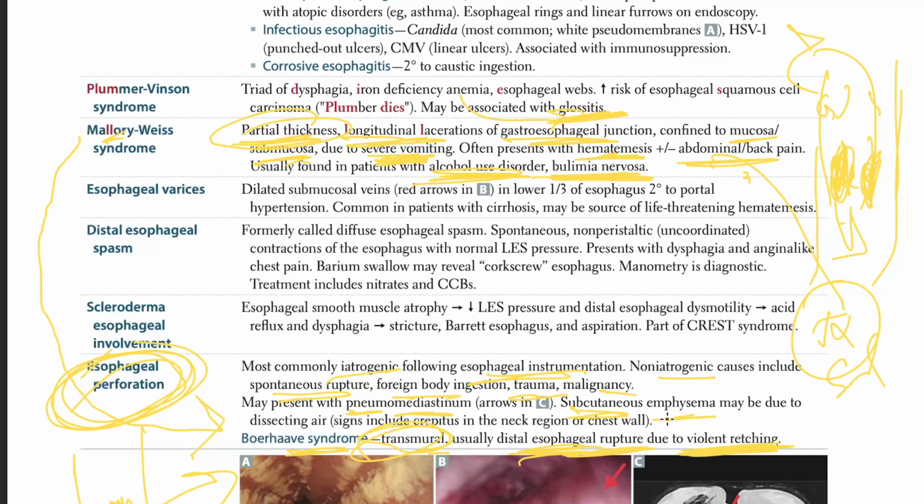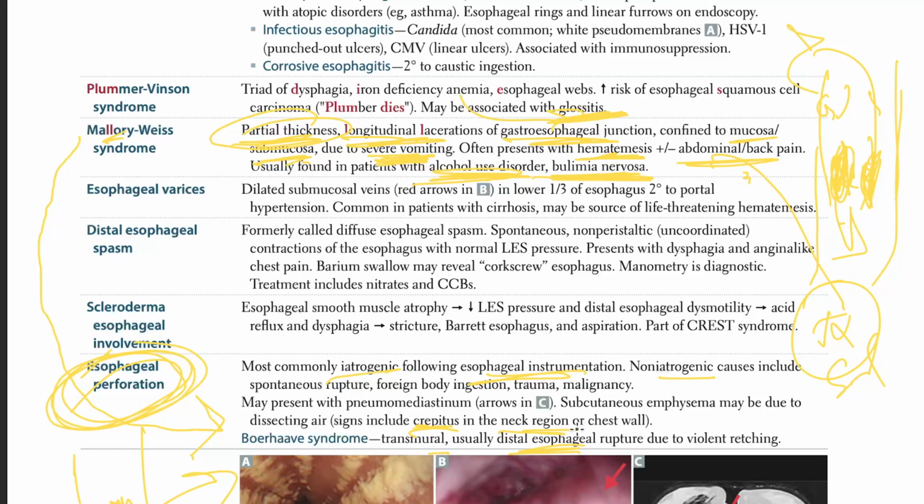Subcutaneous emphysema may be due to dissecting air. Signs include crepitus, so very important. Crepitus in the neck region or chest wall. So as soon as you push on the chest wall or in the neck, you feel the crepitus because of air blebs or air in the underlying areas.